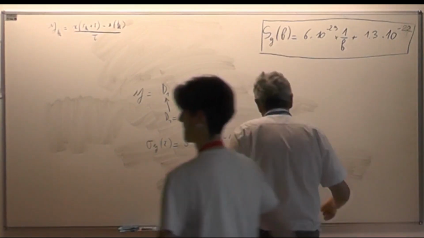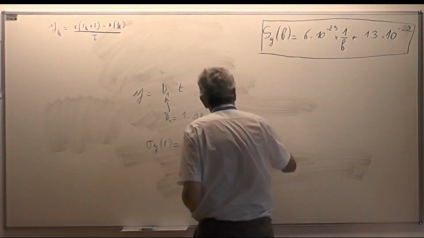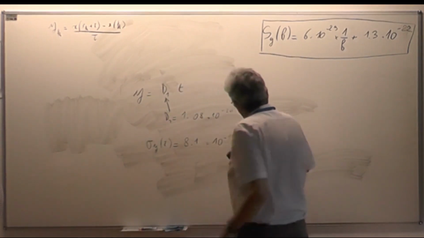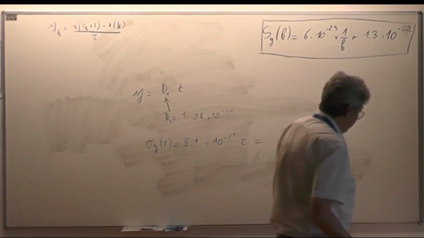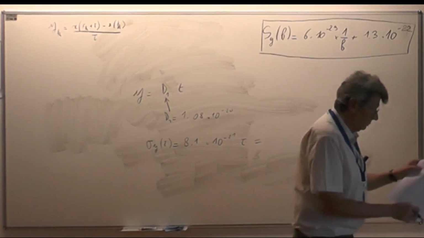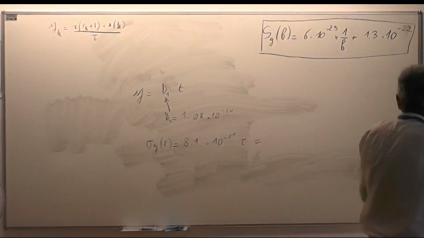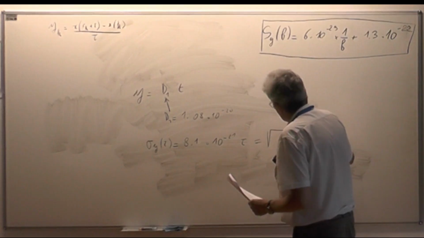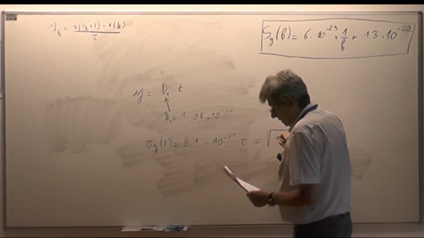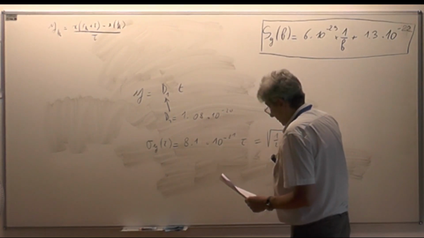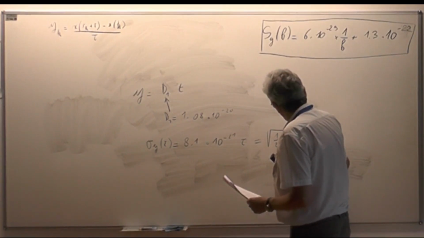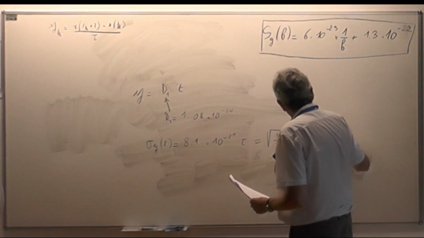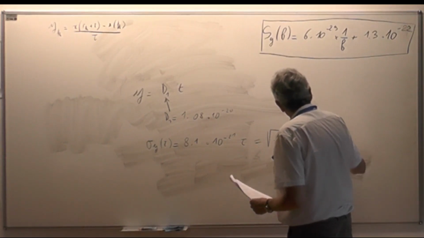And from what I see here, this is equal to square root, because it's a sigma here, of 1/2 d1 square tau square. So it means that it's d1 tau divided by square root of 2.